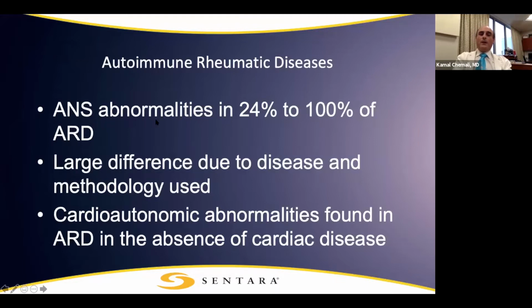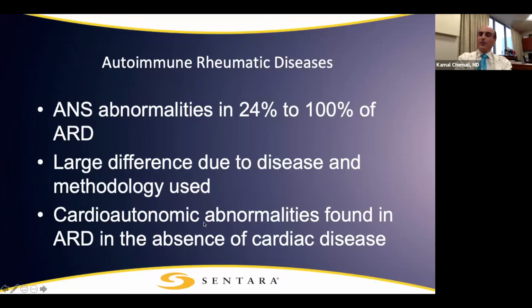So some numbers here. The autonomic nervous system is affected in a wide range of percentages of autoimmune rheumatic diseases. So those percentages can vary from 24% to 100%. And I think that this large difference is due to the type of disease. You know, there are a lot of those diseases, and the methodology that was used in those studies in order to calculate those percentages.